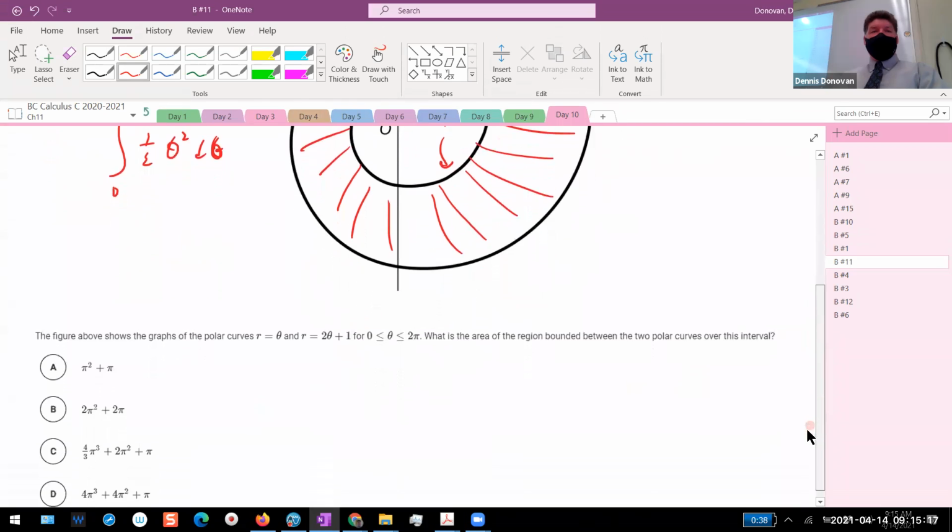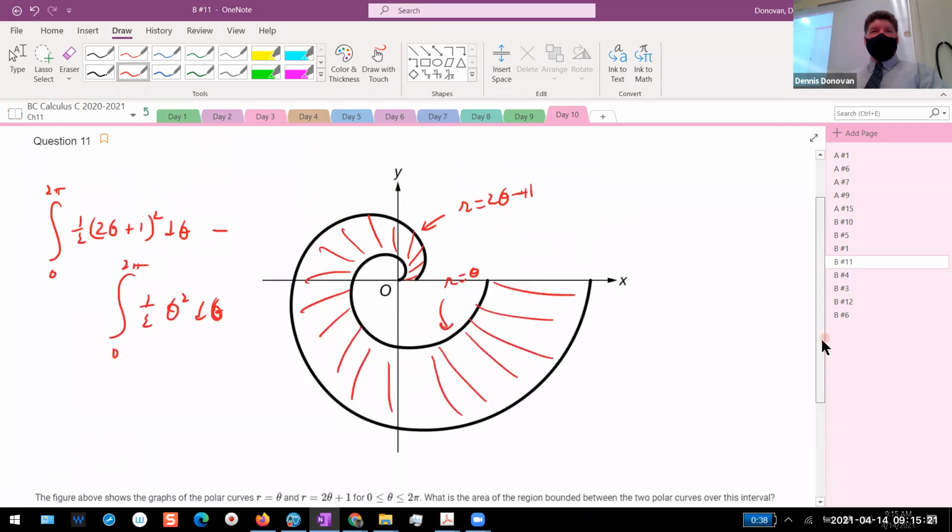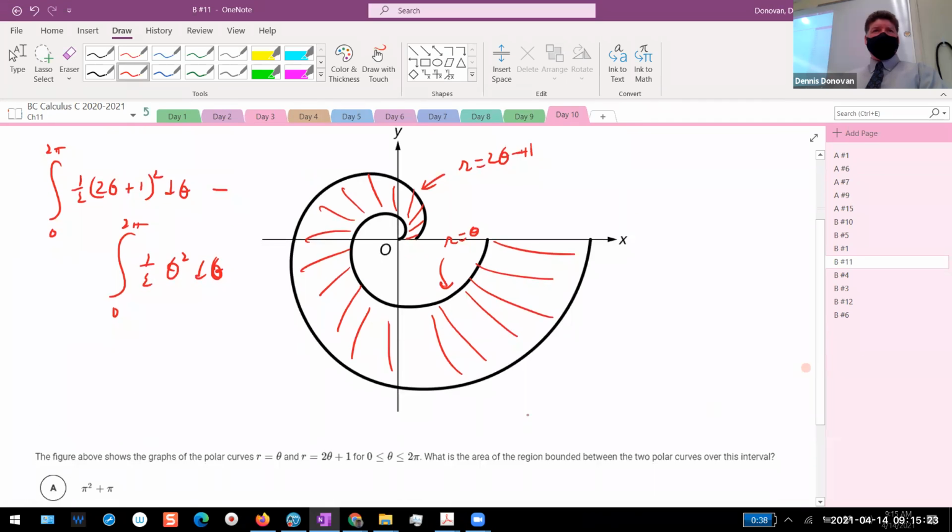And that comes out to, oh, this is no calc, huh? So I would probably square that out to do the antiderivative, right? So that would be 4 theta squared plus 4 theta plus 1.